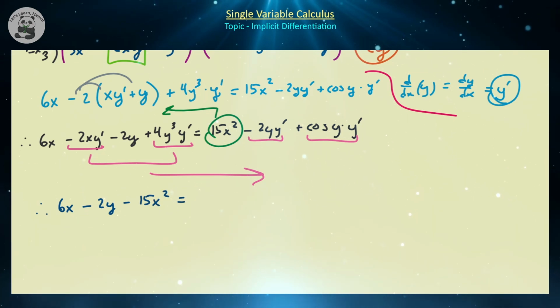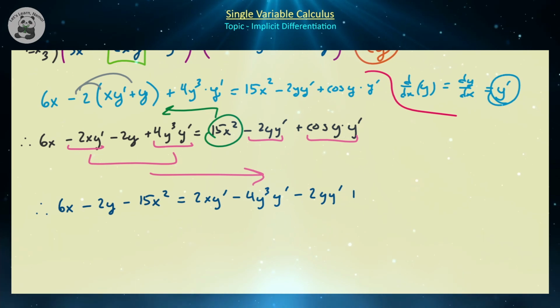And on the right-hand side, I'm going to have 2x y prime minus 4y cubed y prime minus 2y y prime plus cosine y y prime. Every single term on the right-hand side should have a y prime in it, else there's something incorrect here.